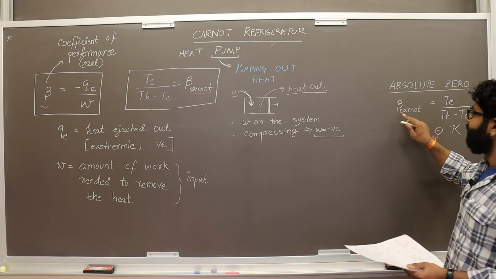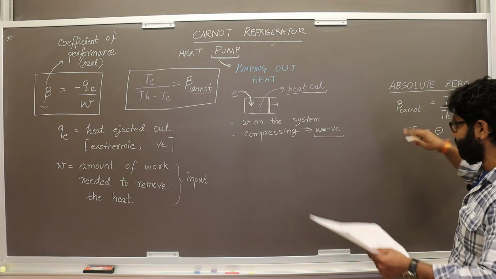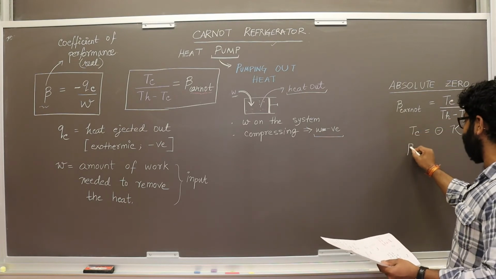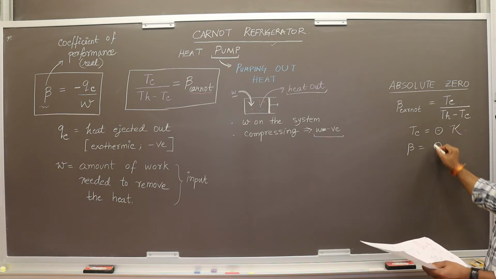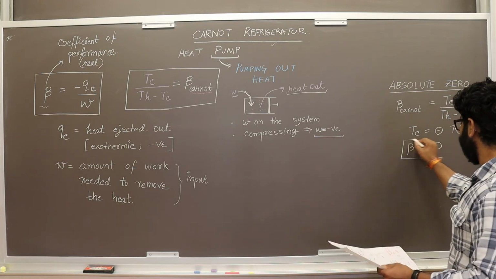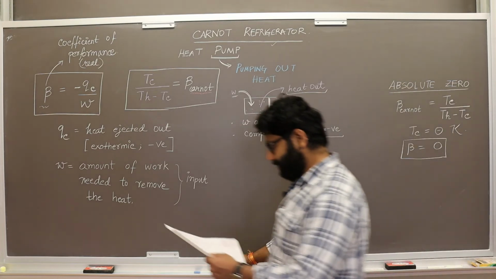So what should be the coefficient of performance of the beta Carnot, the hypothetical refrigerator? This becomes 0 over Tc, which is 0. So your beta becomes 0.